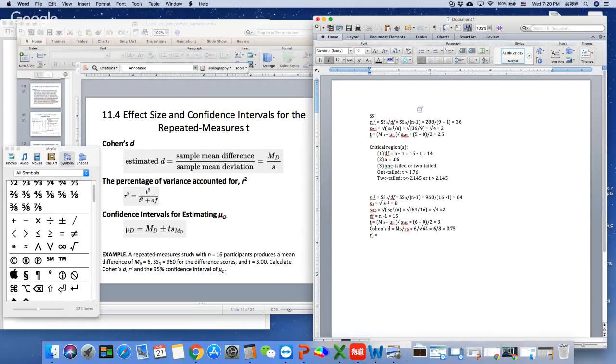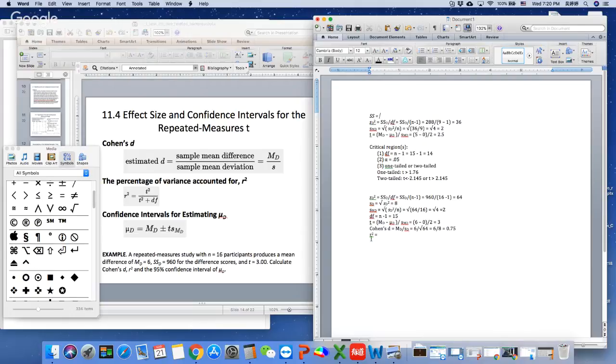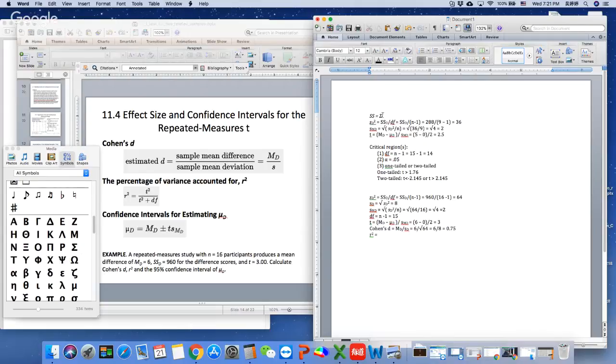So SSD equals sigma d square minus the square of sigma d divided by n. So this is the formula for the SSD, and in the exam, you need to use this formula.